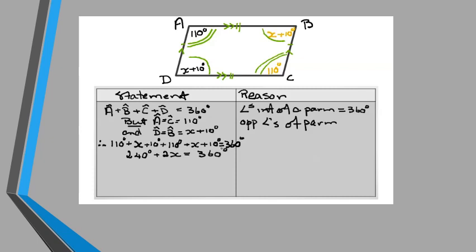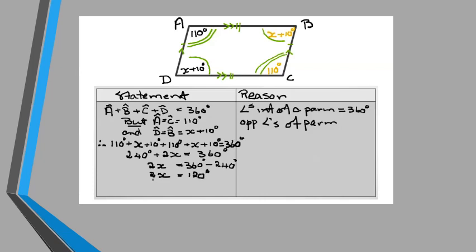360 degrees. Take the 240 to the right hand side, and I'm left with 2x equals 360 degrees minus 240 degrees. Therefore 2x gives me a value of 120 degrees.